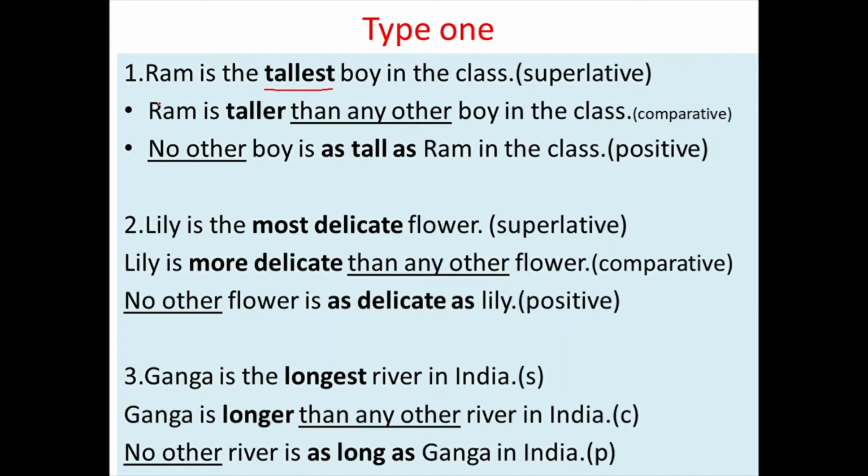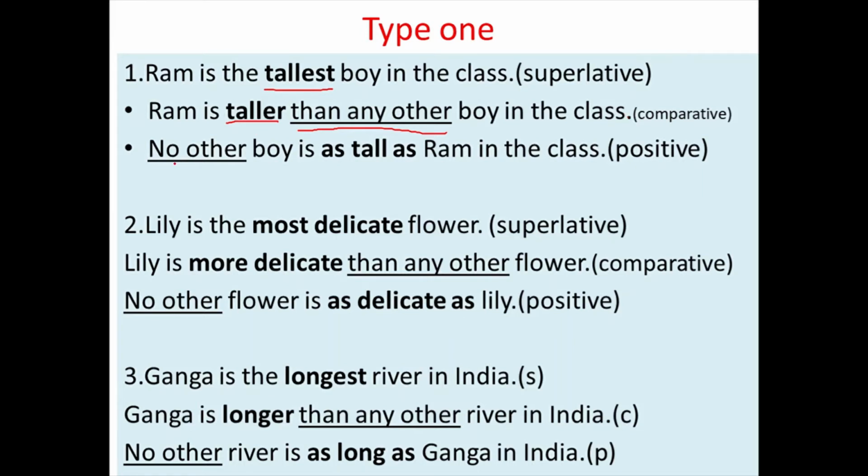Now while changing it into comparative, we will begin the sentence as it is and we will say that Ram is taller than any other. These three words we are going to add on our own. Ram is taller than any other boy in the class. So he is compared to any other boy in the class.